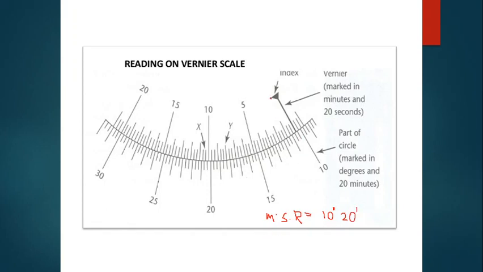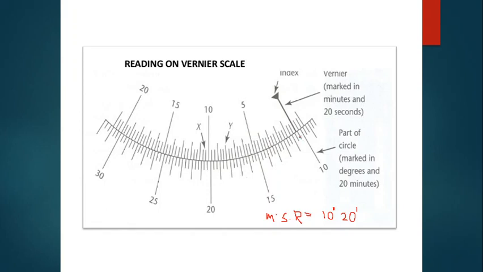And coming to vernier scale reading, if the index line is approximately midway between two lines, that implies somewhere in the middle, around 10, you will get the coincidence. If the index line or zero line of vernier A is closer to this 20 minutes bar, that implies the vernier coincidence will be somewhere between 0 and 5.